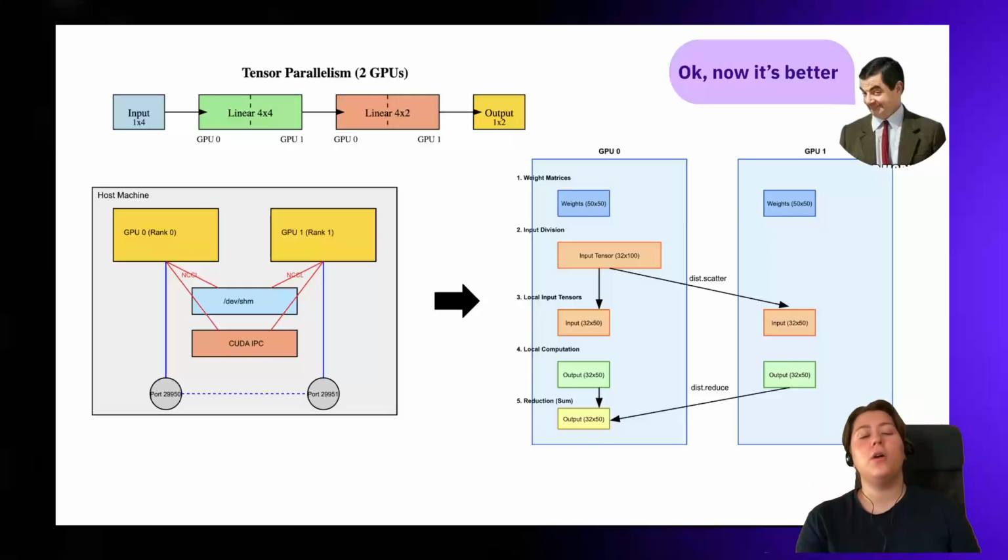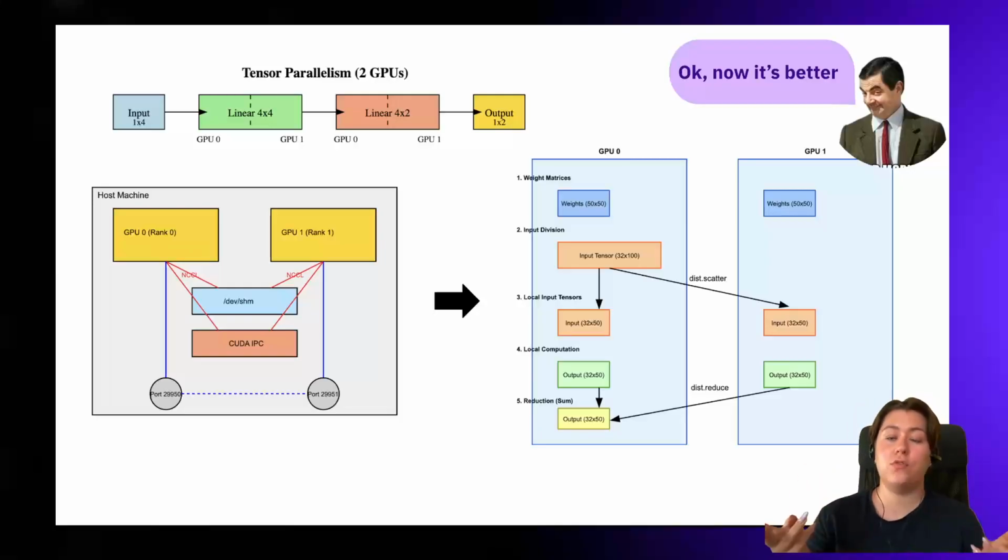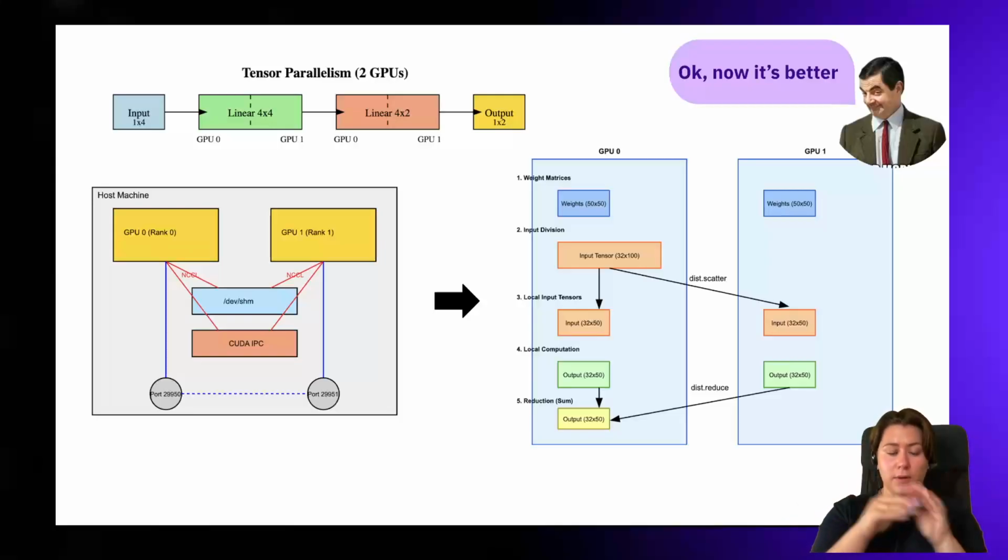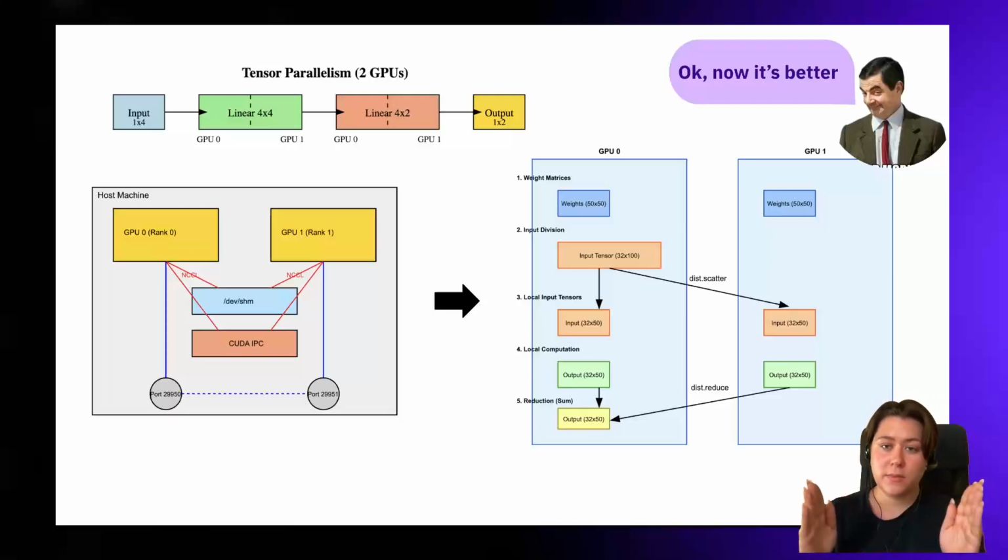But if we walk through the example, let's imagine we have our two fancy GPUs where we need to divide our huge model. And we have shared memory where we can write some parameters, and that's where NCCL will help us. So basically how it works: we have our input layer that is still solid and we don't divide it. Then we divide only the inner layers of our model and split them equally, in this case into two GPUs.